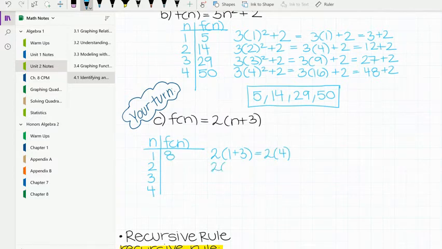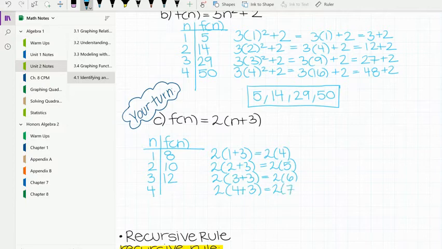The next one is 2 times 2 plus 3, which is 2 times 5, which is 10. Hopefully we're seeing a pattern too. 2 times 3 plus 3 is 2 times 6, which is 12. And lastly, 2 times 4 plus 3 is 2 times 7, which is 14. So the first 4 terms are 8, 10, 12, and 14.